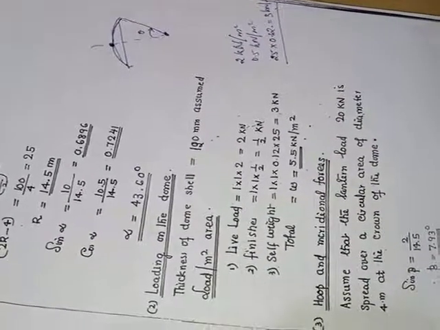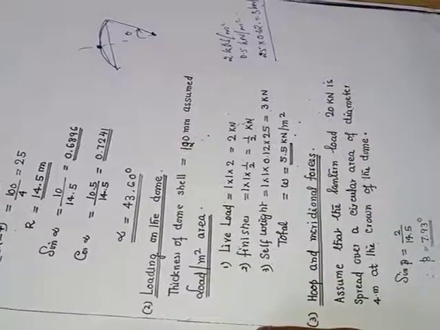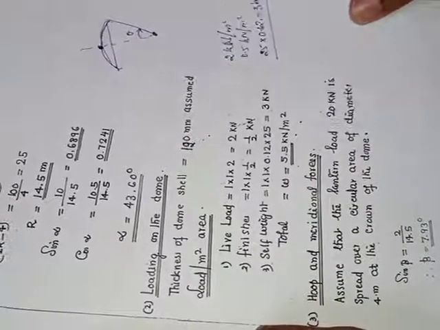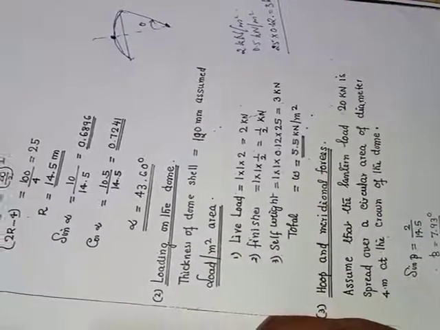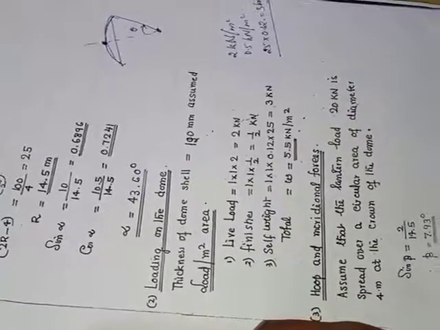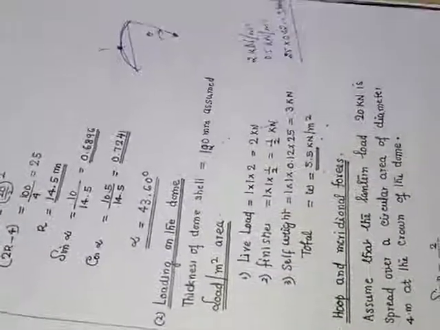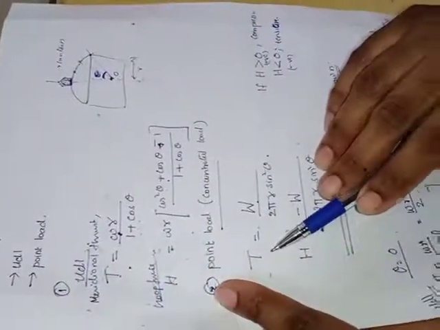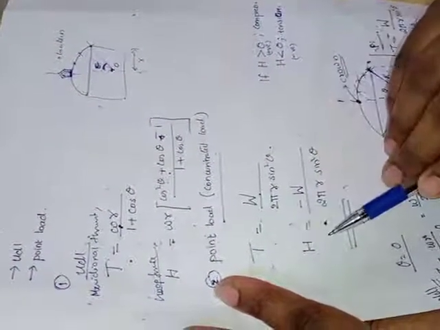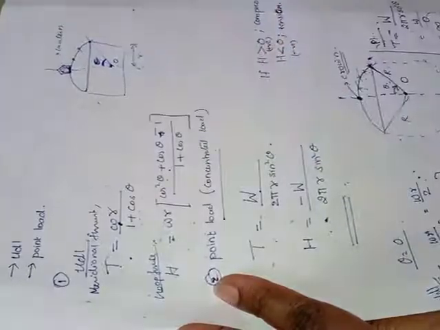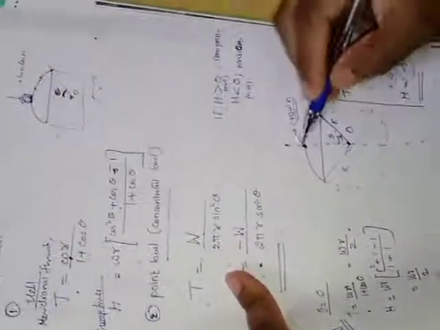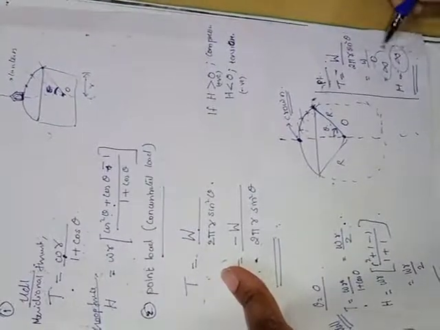So since we know the equations for the meridional thrust and hoop force, the meridional thrust and hoop force corresponding to this point load at this crown portion will be infinity.